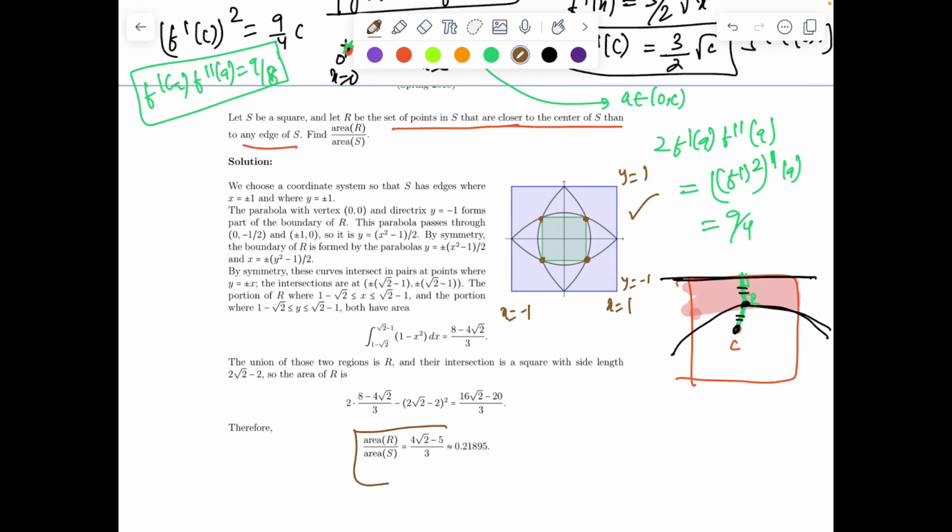Hence we can find the area of region R. As you can see from this working, we just need to integrate over any one of the regions, right?